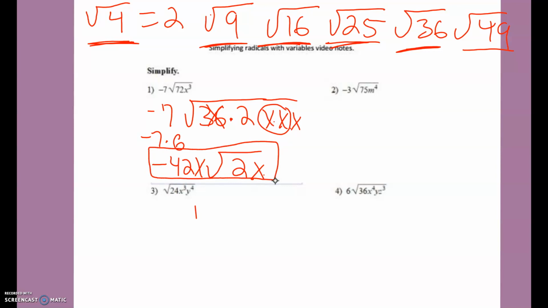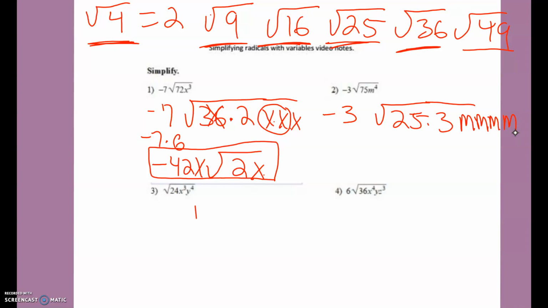Let's try the next one. All right, we got negative 3 on the outside. We're going to break down 75. Which one of these numbers go into it would be 25 and 3. And then we have 4 m's, right?